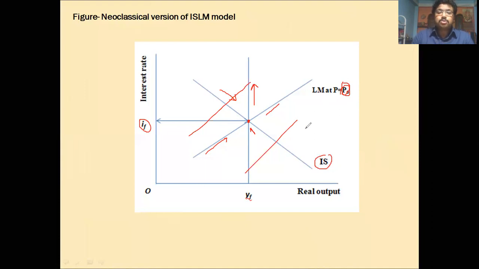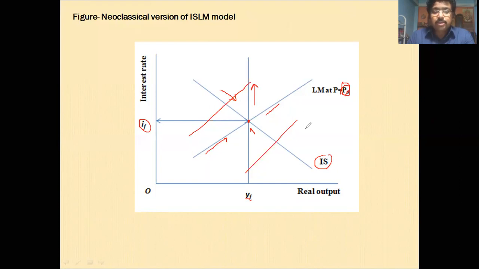So in the neoclassical version of the IS-LM model, prices are flexible, and output and interest rate are exogenously determined.